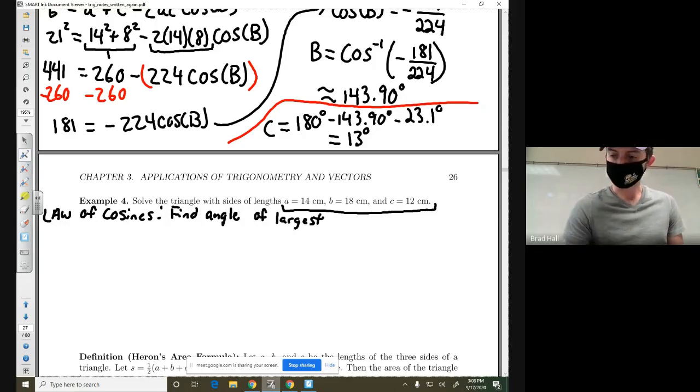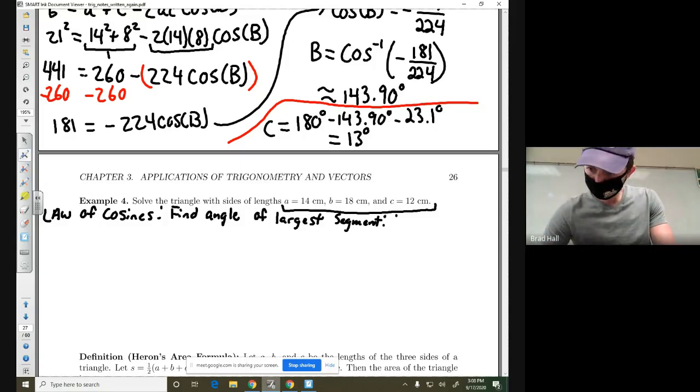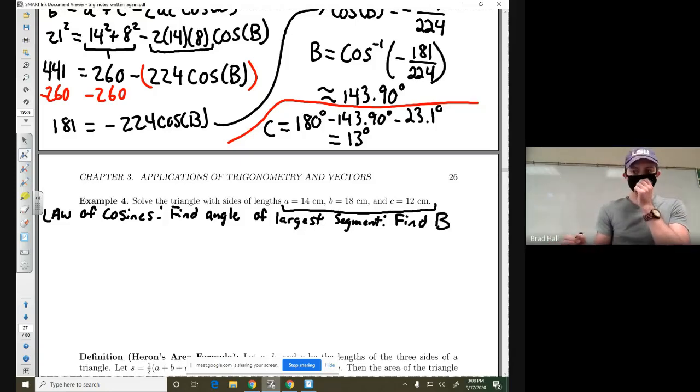Find the angle of the largest side, because I know this will not steer us wrong. We will get the right one. And if we have to use law of sines next, then we're just anticipating this. So we're finding capital B, which uses the same exact formula.